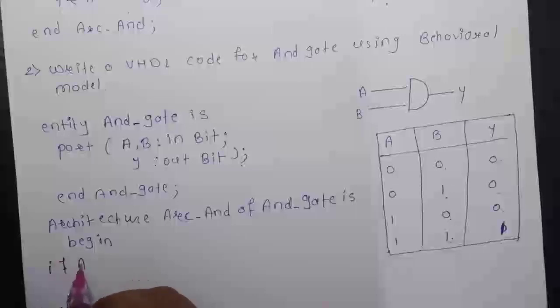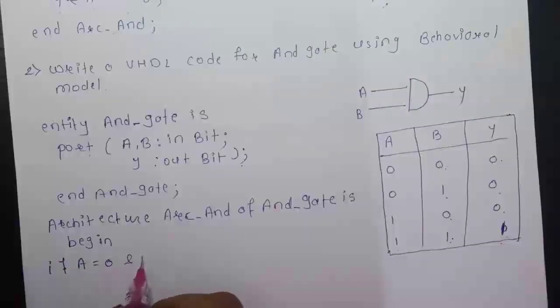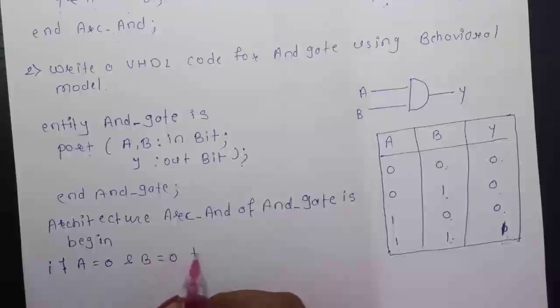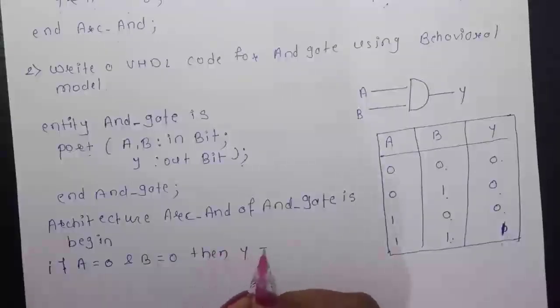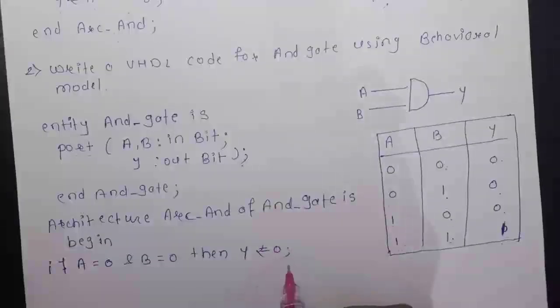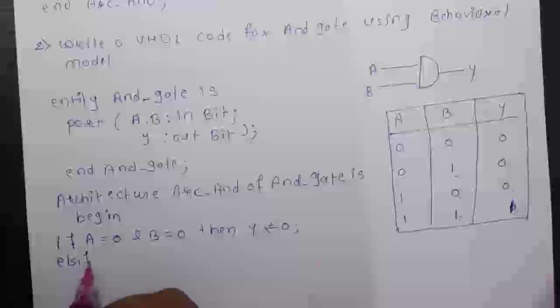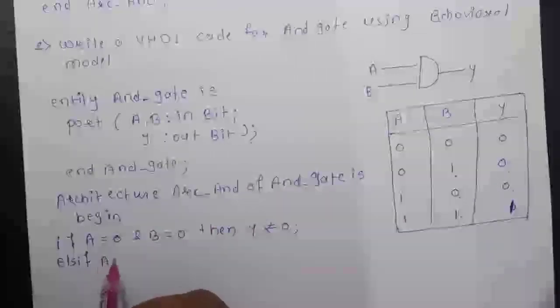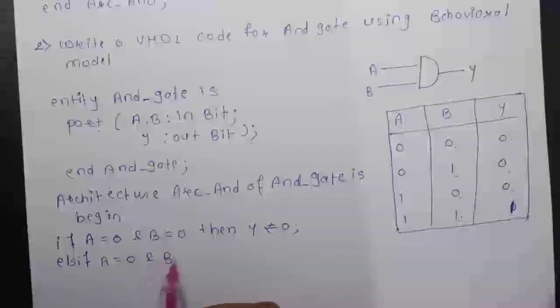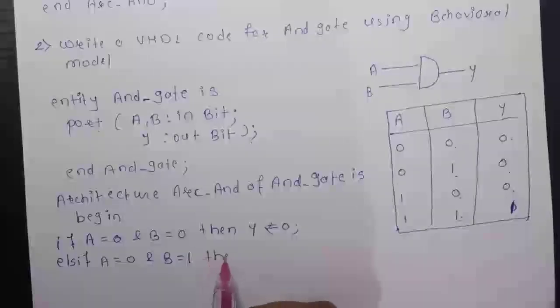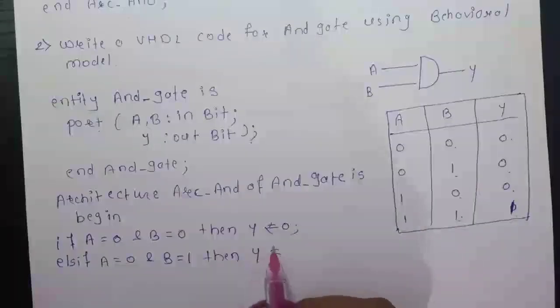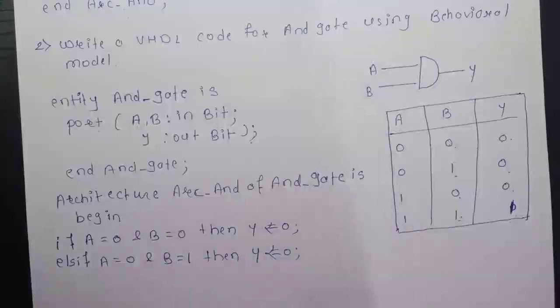So if A is 0 and B is 0, then Y is assigned 0. That means Y will be 0. Else if A is 0 and B is 1, then again my output Y is assigned 0.